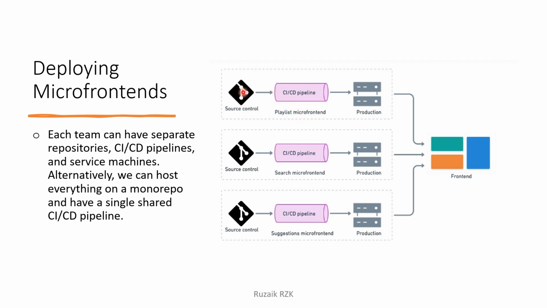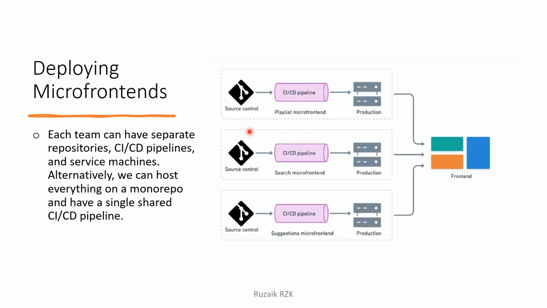Okay, so the development team pushes those micro frontend apps, micro frontend app 1, micro frontend app 2, micro frontend app 3, separately into separate source control, and each micro frontend is built separately by its CI/CD pipeline. Finally, it goes to production and is automatically deployed into the shell app.